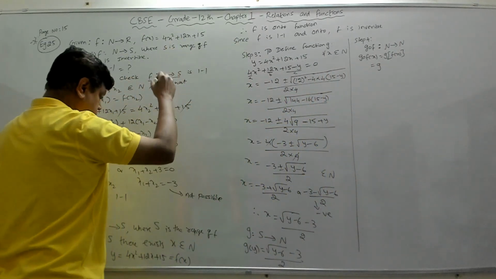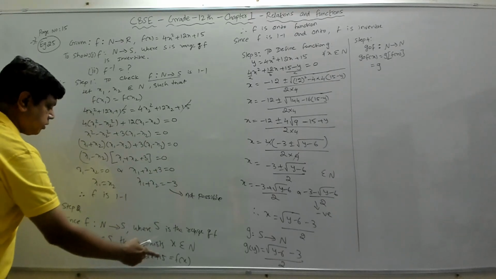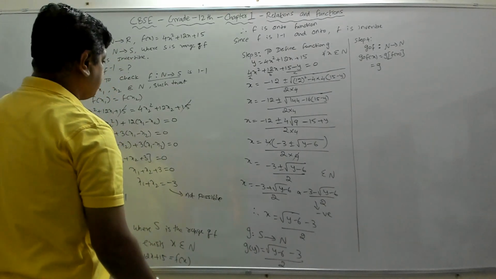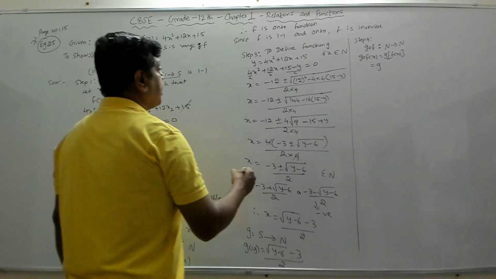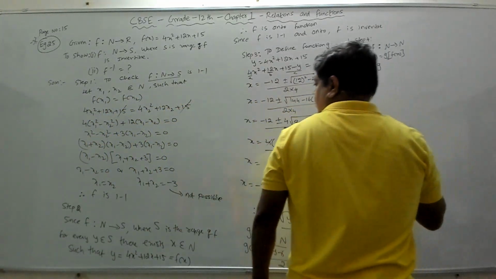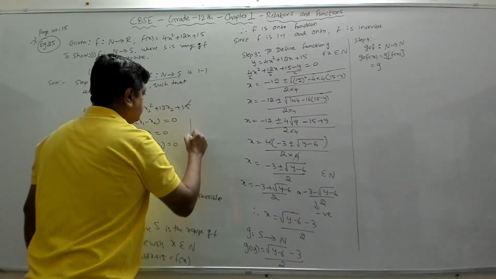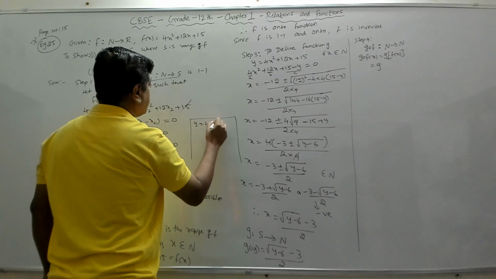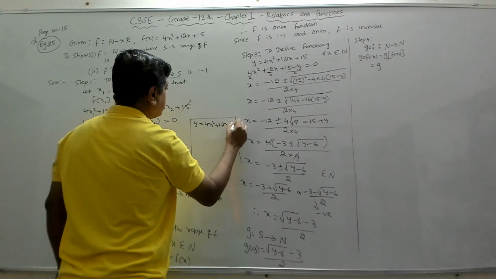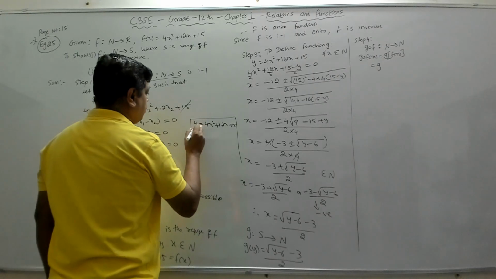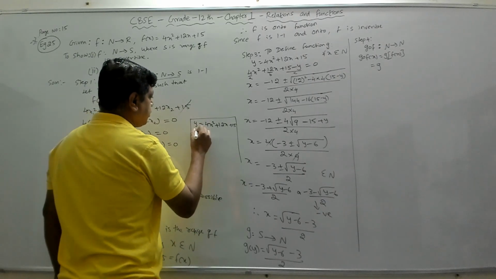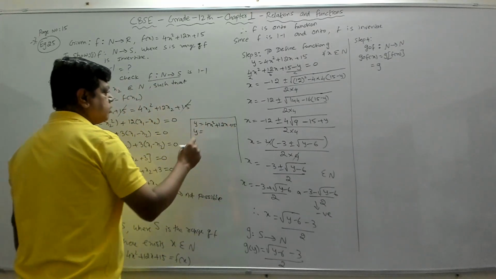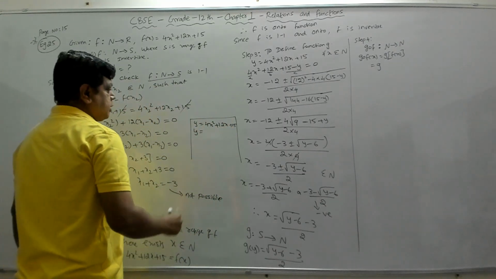The point is here, when y is equal to this, we'll also try to express y in the form of a square plus 2ab plus b square.